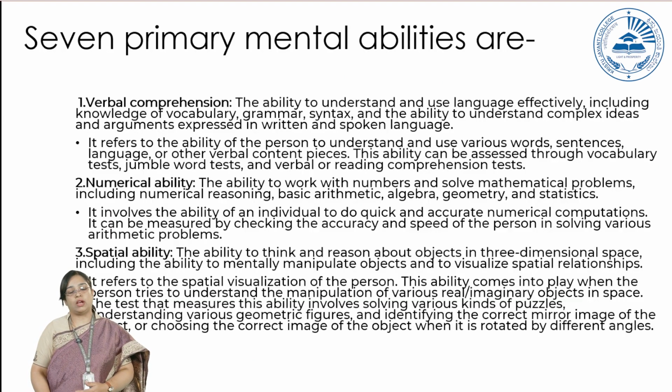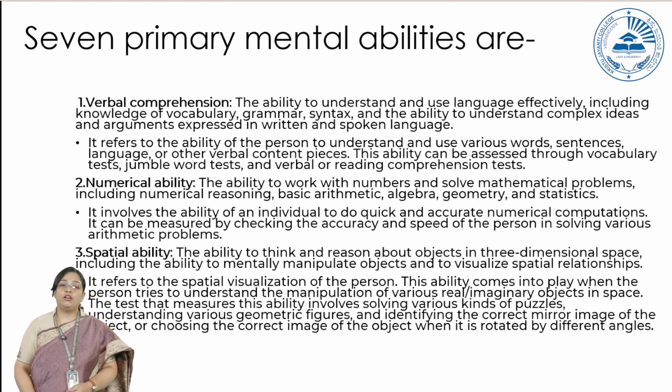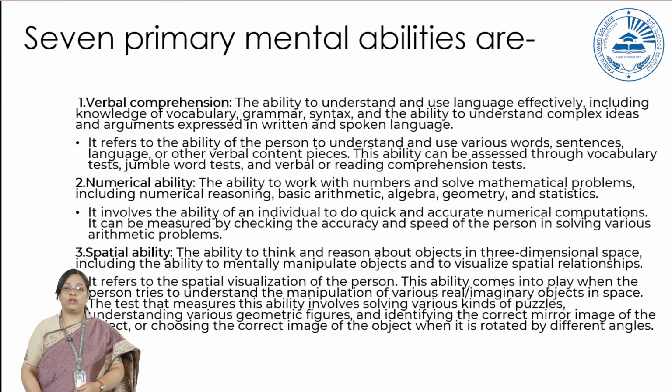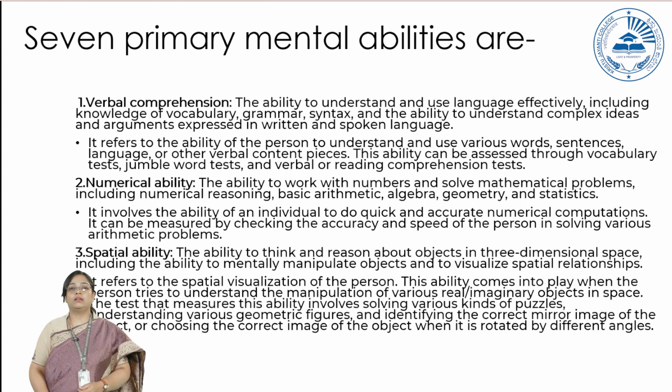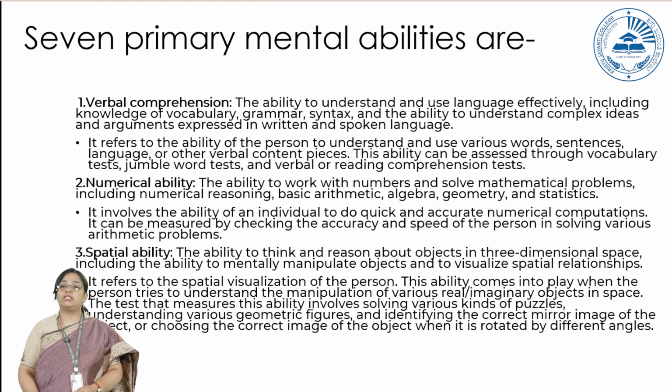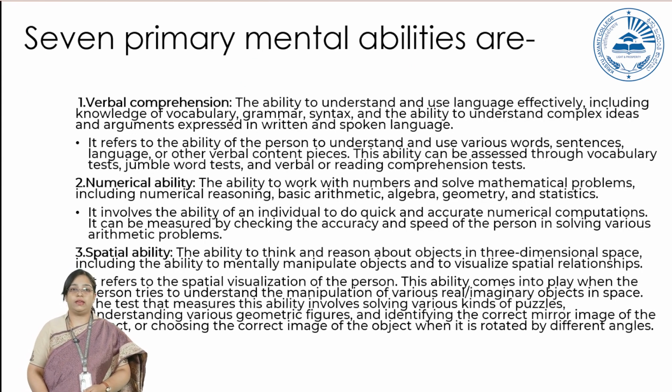Let's look into now the different primary mental abilities that were given by Thurstone. Firstly, verbal comprehension. This is the ability to understand and use language effectively, including knowledge of vocabulary, grammar, syntax, and the ability to understand complex ideas and arguments expressed in written and spoken language.